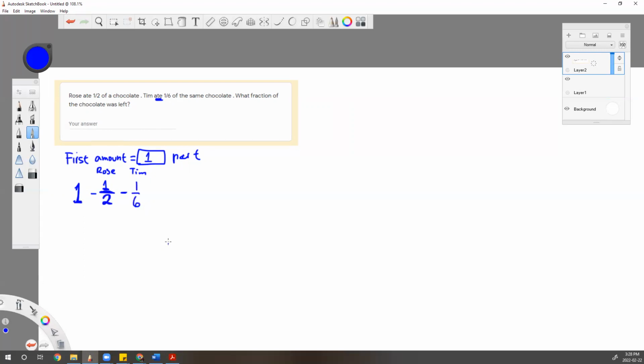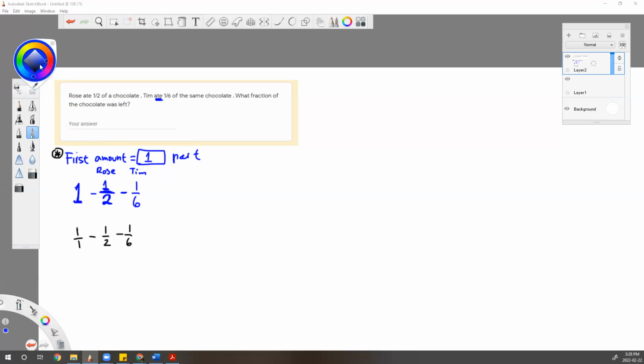So after you do this, you can do the regular subtraction. So what you need to do is try to understand the question. This is the first thing first. The important part: the first amount is always one part. Okay. So 1 over 1 minus 1 over 2 minus 1 over 6. Everything's supposed to be in fraction form.